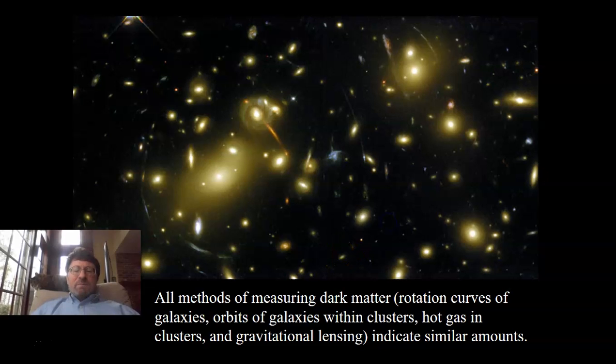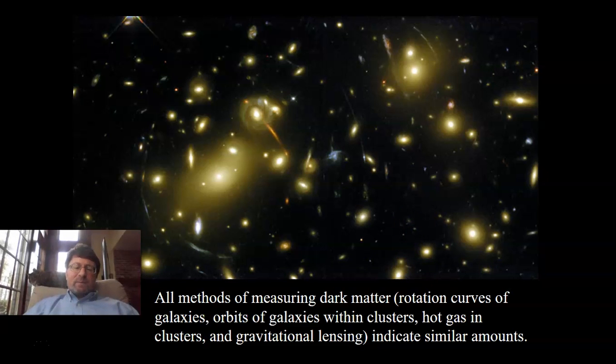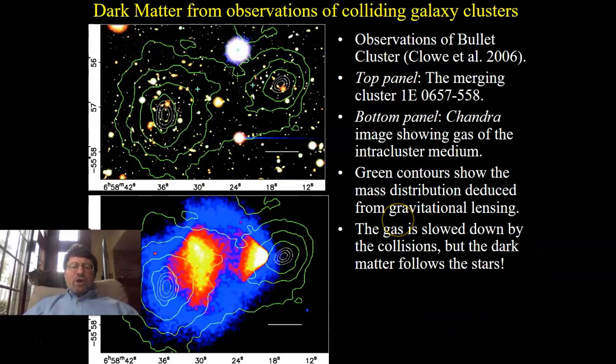So all these various methods that we've been talking about, rotation curves of galaxies, orbits of galaxies within clusters, hot gas in clusters, gravitational lensing, they're all indicating similar amounts of dark matter. And that's nice. It gives you more confidence in the existence of dark matter when these independent techniques all give similar results.